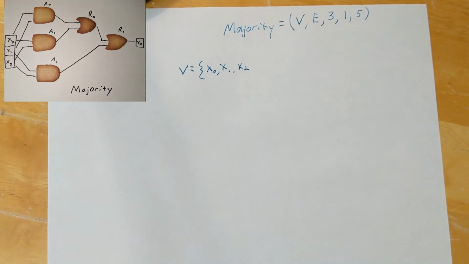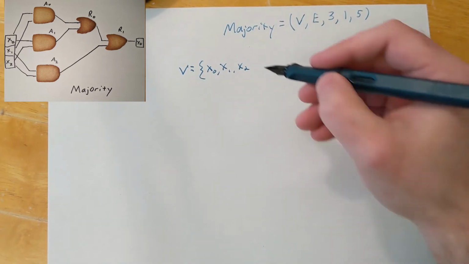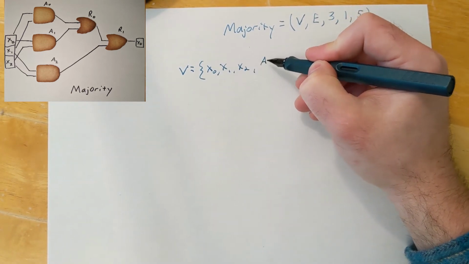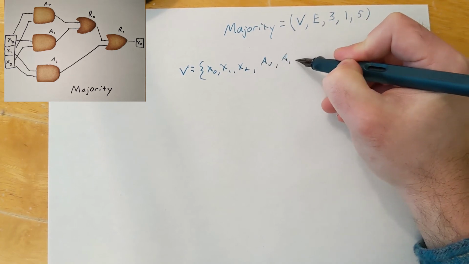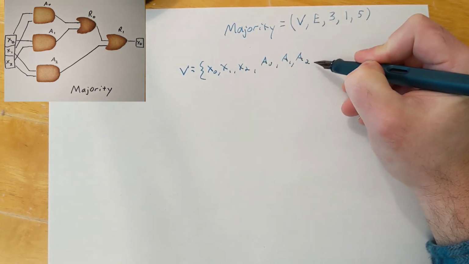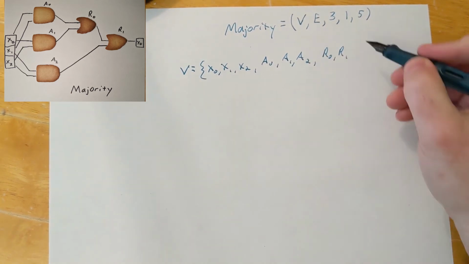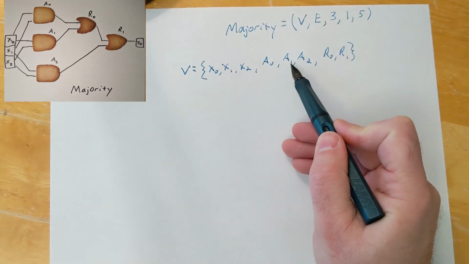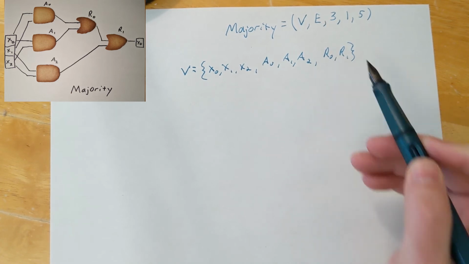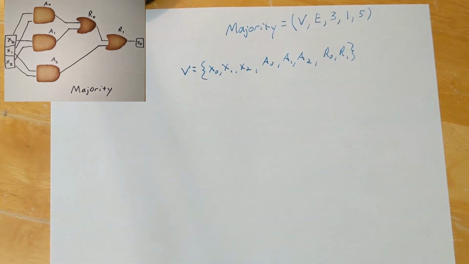And then it's also going to have the 5 logical gates. I've called those A0, A1, A2 for each of the AND gates, and then R0, R1 for each of the OR gates. And we have 1, 2, 3, 4, 5, 6, 7, 8 things. So we have everything that we needed in our set of gates V.